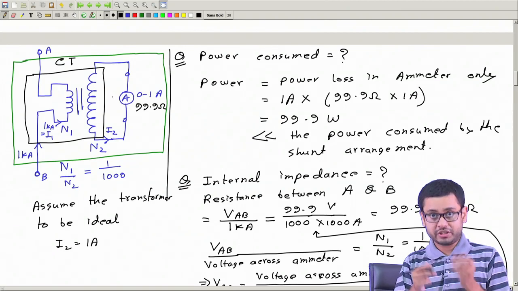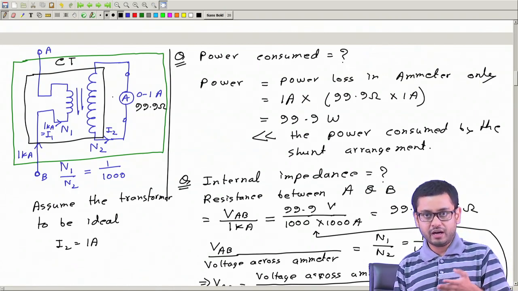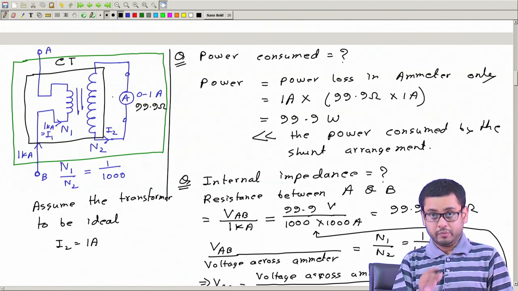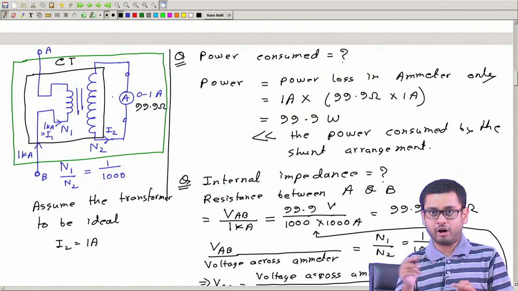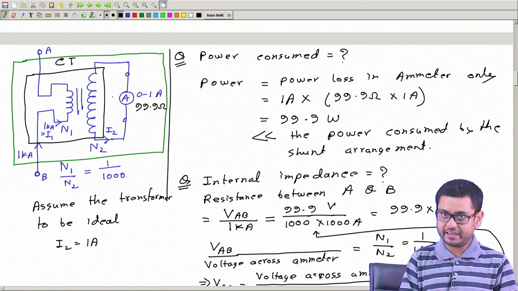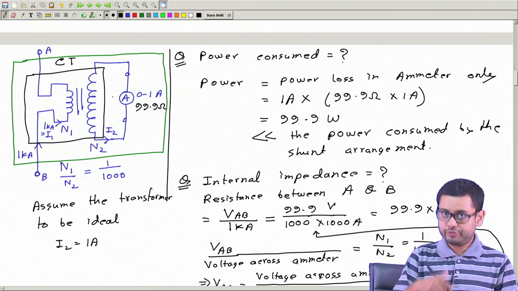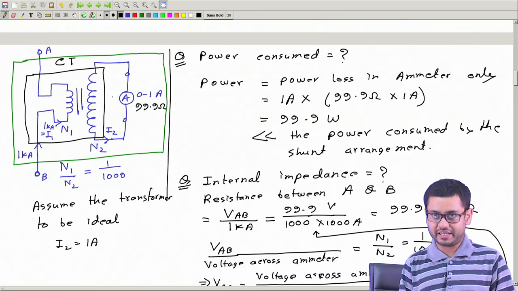Okay, but the circuit breaker is in a sense also a measuring instrument. Why? Because it is measuring the level of current, whether the level of current is going beyond the safe level or acceptable level or not. It may not display you the number on a screen or with a pointer saying how much the current is, but it is essentially sensing the current, measuring the current, and if the current goes beyond a level, then it does something, it stops the current.